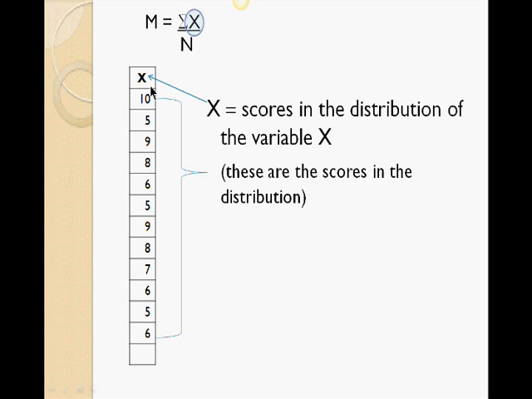Usually in statistics, the first distribution that we look at, we label X. So this will be our X distribution, and each of these scores is an X in this distribution.